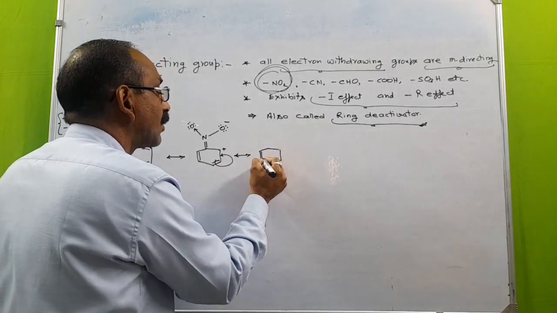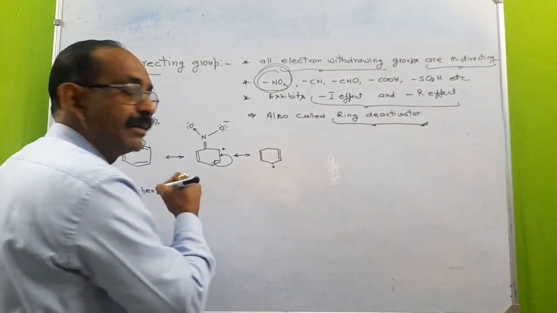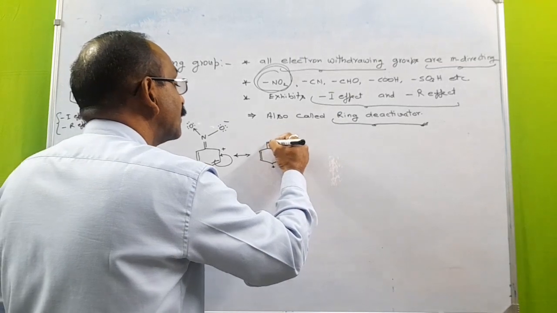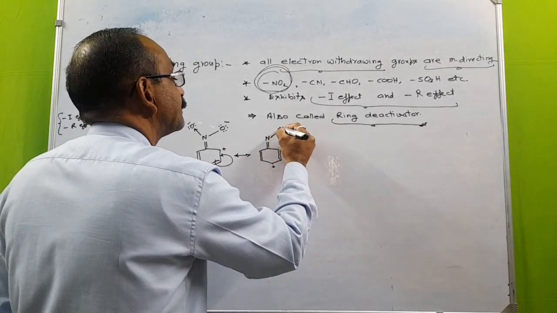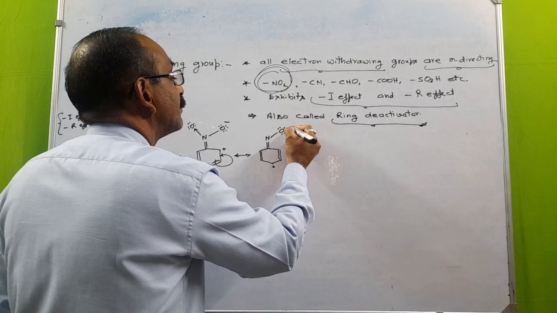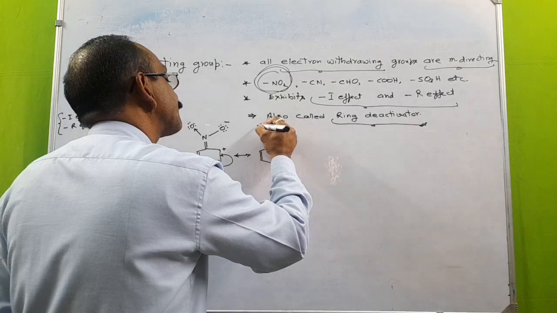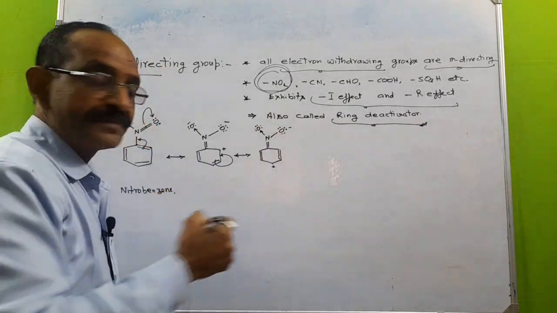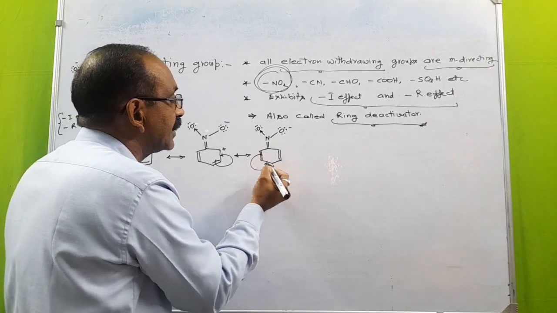See here, double bond. As these two electrons shifted here, a double bond will form here. This site will become electron deficient, positive charge. Here there's the nitrogen and oxygen minus, and here it is a coordinate bond oxygen. Is it clear? Now to compensate the positive charge of this carbon, these two electrons will shift here.